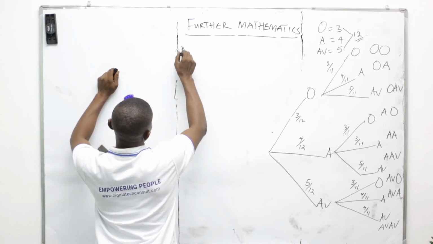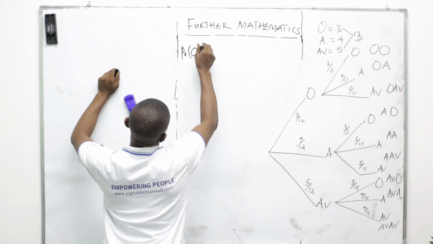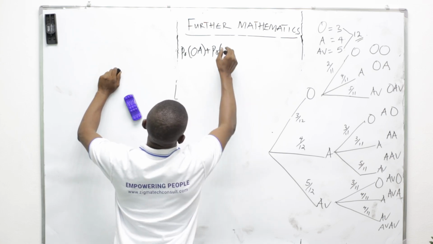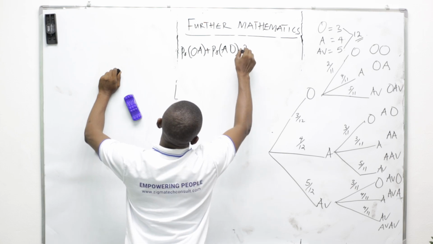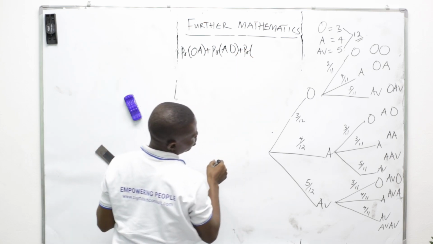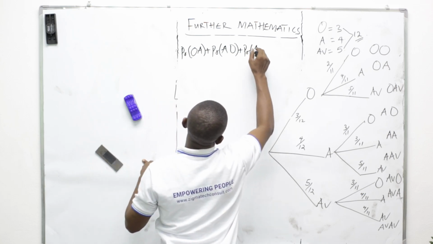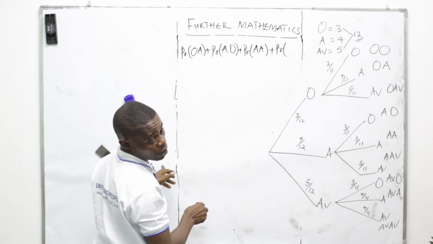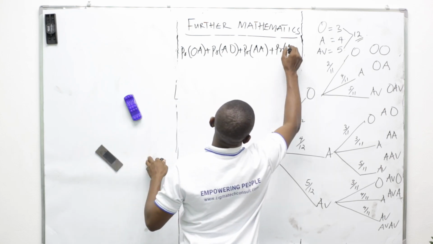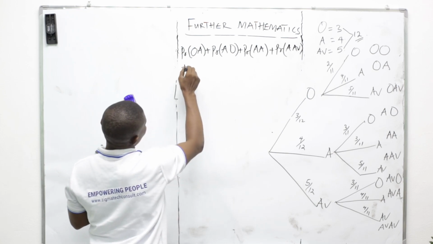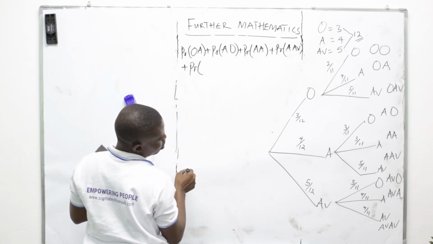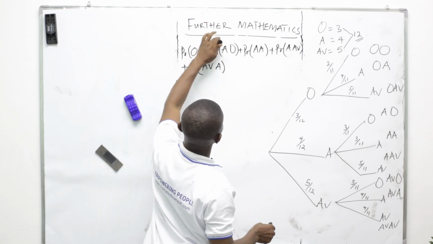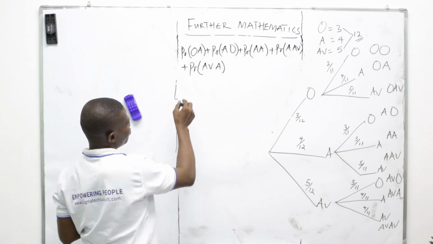The solution here is probability of orange apple plus probability of apple orange plus probability of apple apple plus probability of apple avocado pear plus probability of avocado pear apple. 1, 2, 3, 4, 5. We have 5 things here.